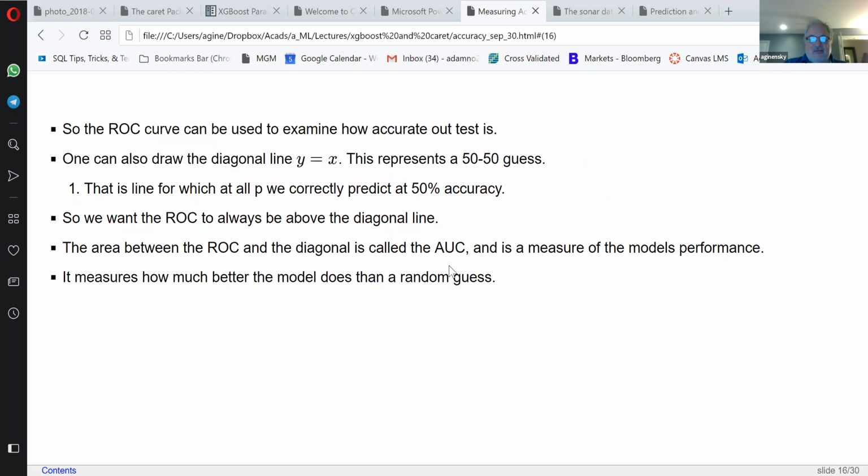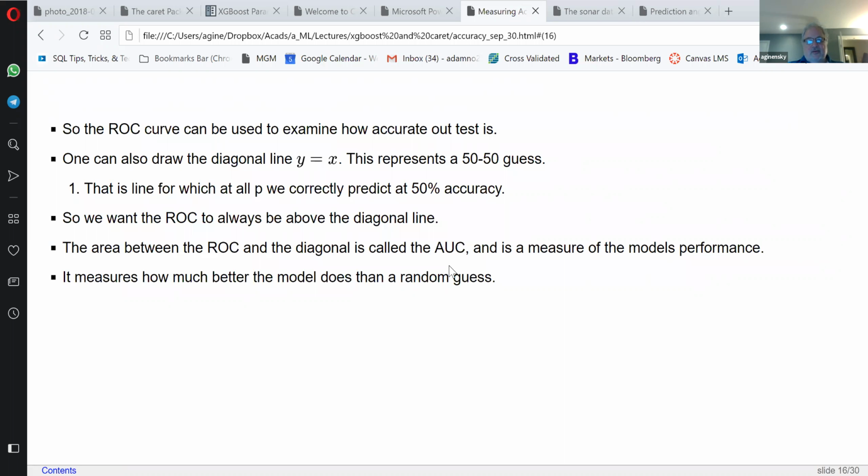In essence, that's a 50-50 guess, the line at which your accuracy is 50%. I wish, for some reason this refused to compile, I did have a diagram of it. If your ROC curve looked like the diagonal, for every probability you chose you'd be 50% accurate. It would be like flipping a coin.